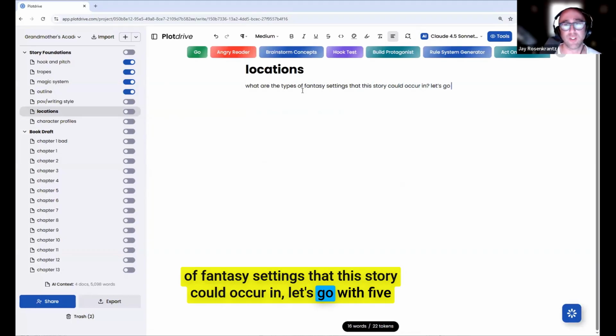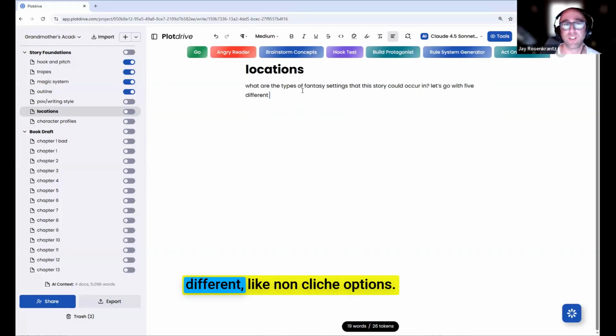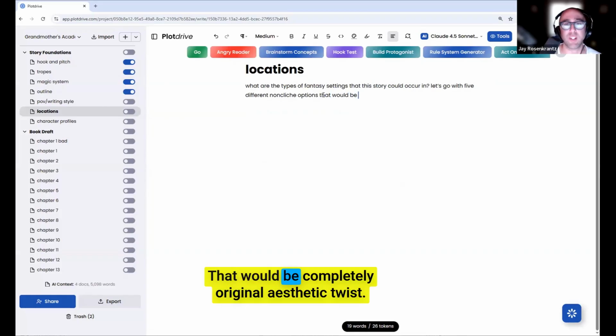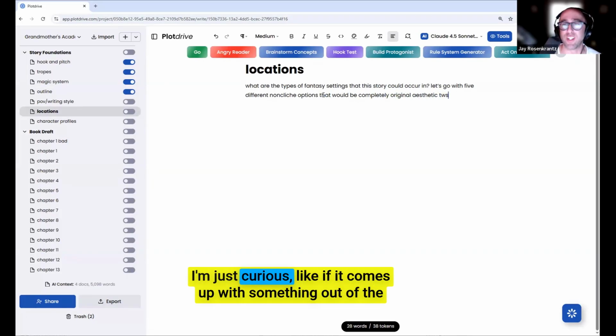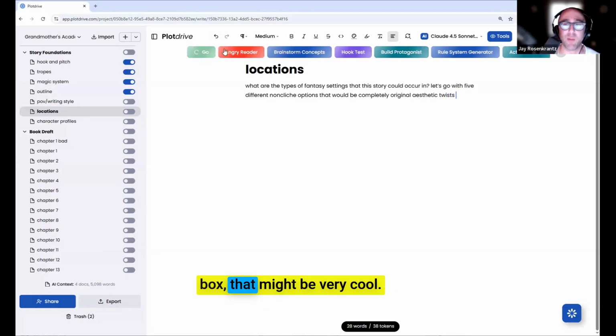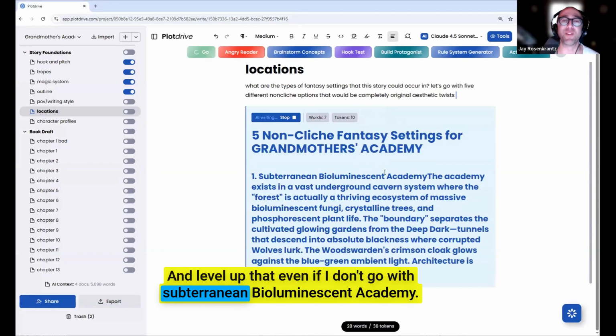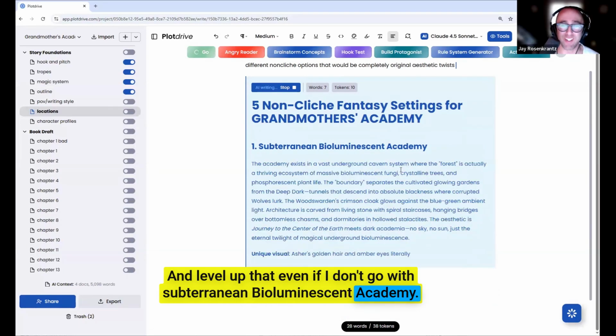Let's go with five different non-cliche options that would be completely original aesthetic twists. I'm just curious if it comes up with something out of the box that might be very cool and level this up, even if I don't go with Subterranean Bioluminescent Academy.